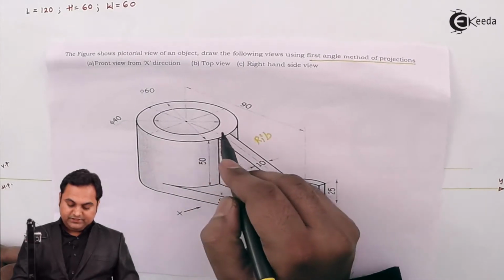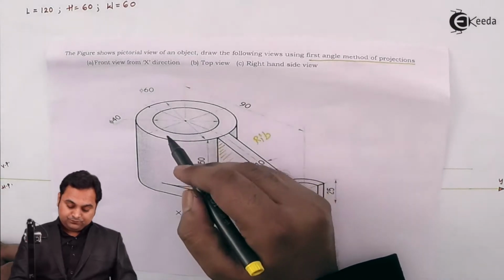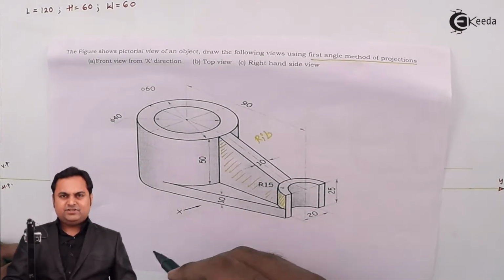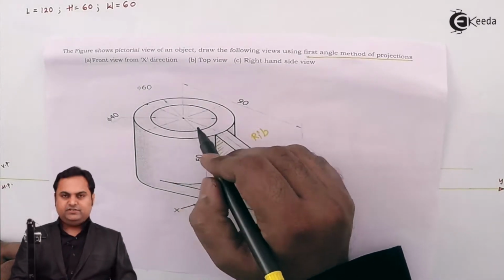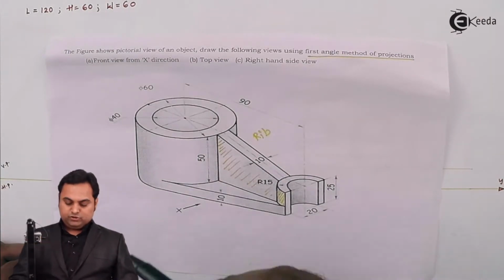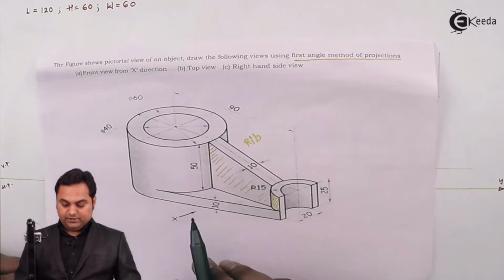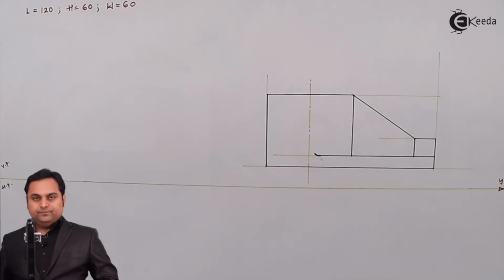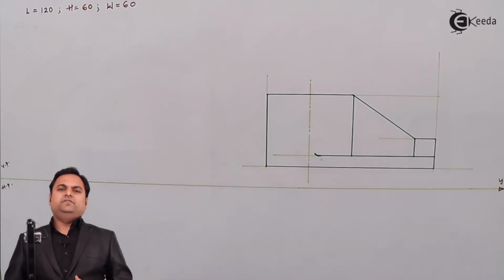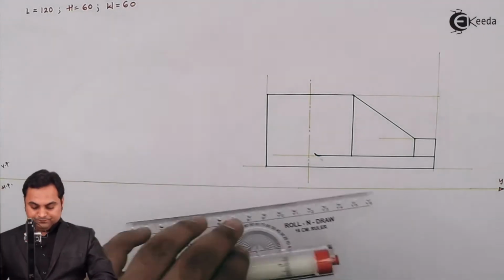Inside this cylinder we have another circle, that is, it is a hollow cylinder having diameter 40. So when we are looking along X direction, this cylinder which is inside is not visible, so it should be hidden, and it goes throughout the height of the bigger cylinder. So the next thing will be to draw that hidden portion, and that inside cylinder will also appear as a rectangle in the front view.